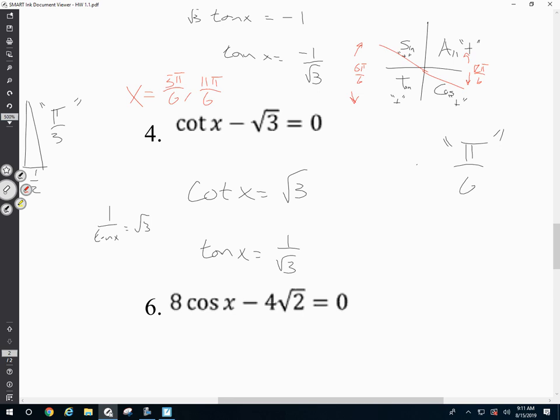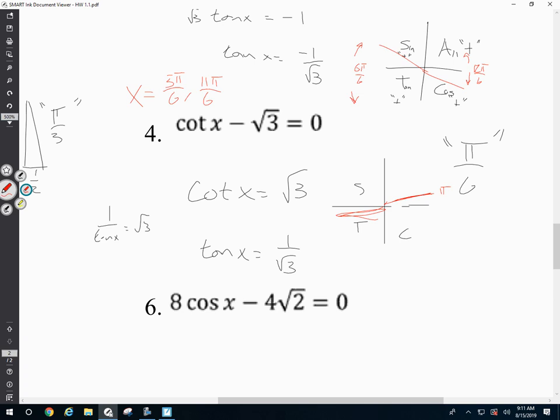Again, you can use the ASTC to help you. All students take calculus. Tangent is positive in the third quadrant. Tangent is also positive in the first quadrant. So I want the pi over 6 in the first quadrant, and I want the pi over 6 in the third quadrant. So here is the first quadrant. Here is the third quadrant.